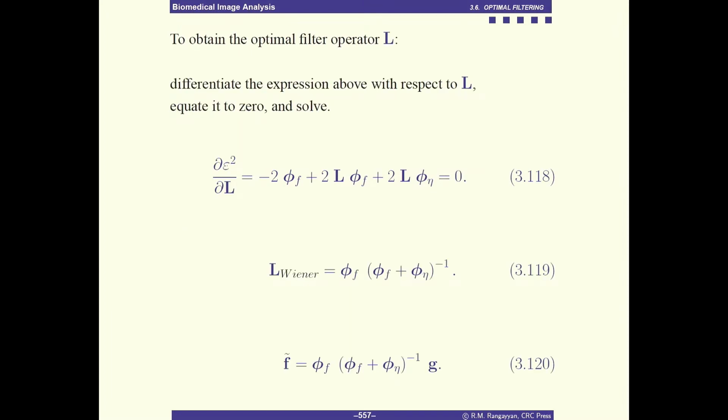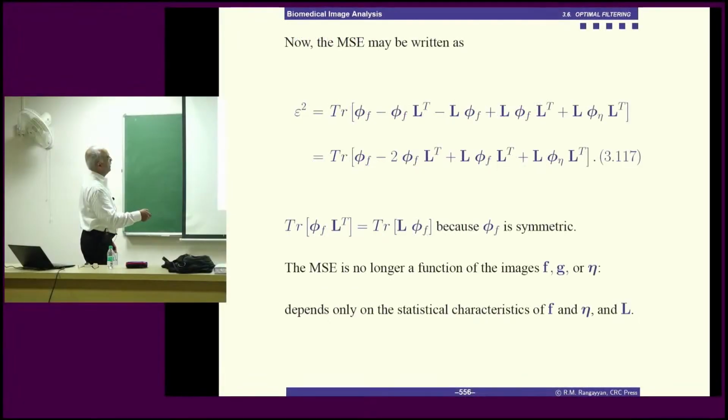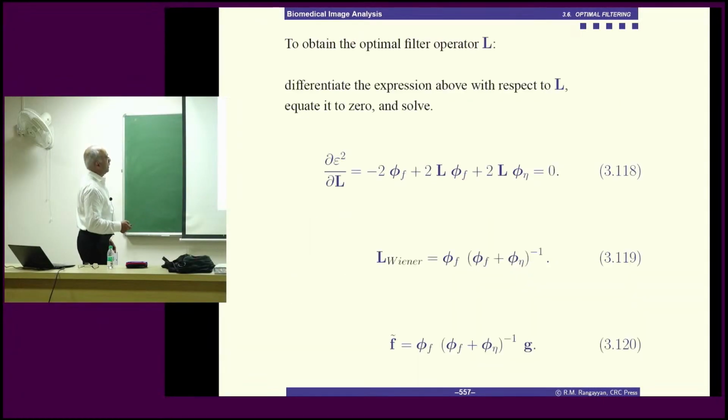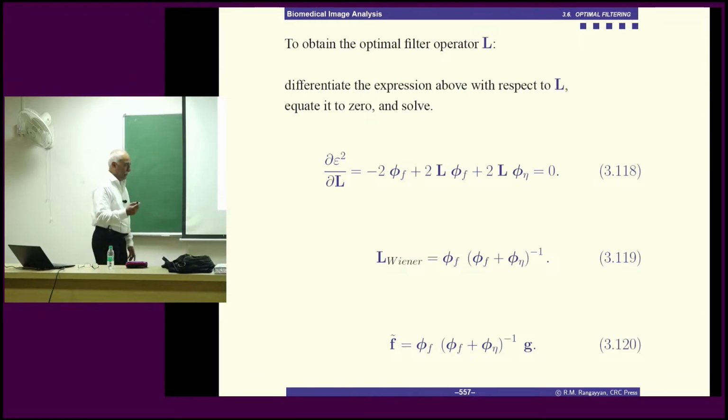So differentiate with respect to L, and take this partial derivative with respect to L. That has nothing. This has 2 phi f, this is autocorrelation. So you get minus 2 phi f to L phi f to L phi n, and the Wiener filter is that: the autocorrelation of the original image that you don't have, and the inverse of this combination of the autocorrelations of the original image and noise.